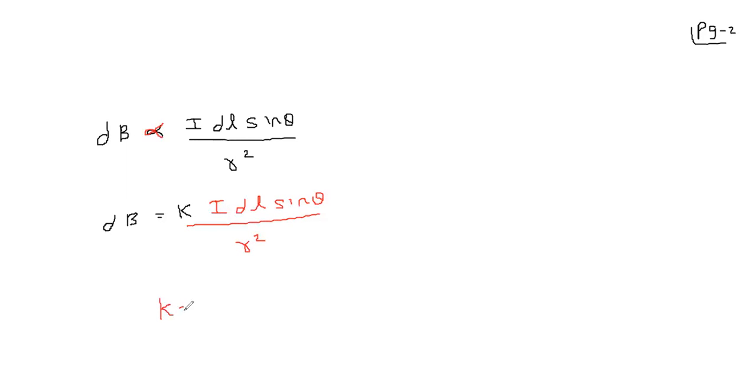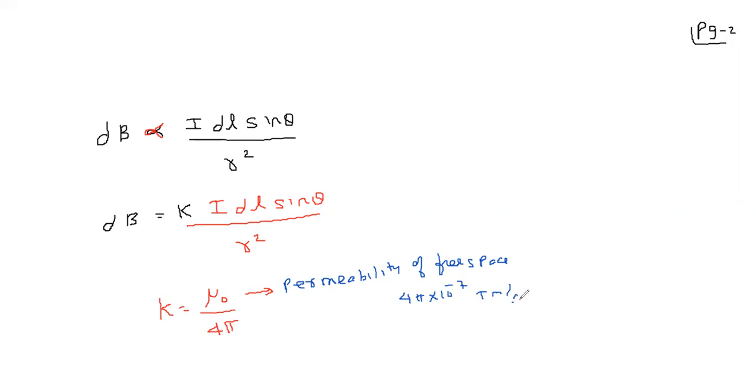The value of k is mu naught by 4 pi. Here we introduce a new concept called mu naught. What is mu naught? It is called permeability of free space. Its value is 4 pi 10 power of minus 7 Tesla meter by ampere.